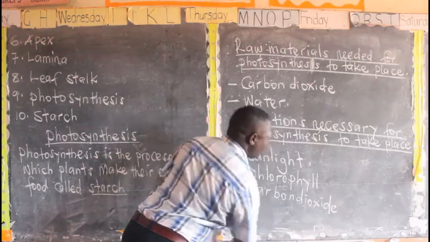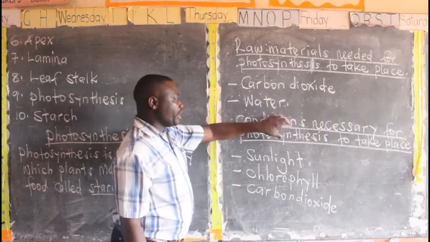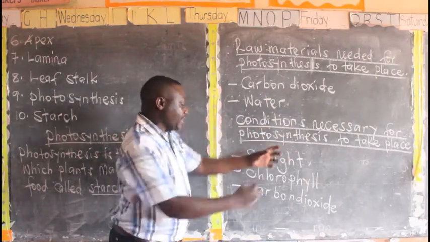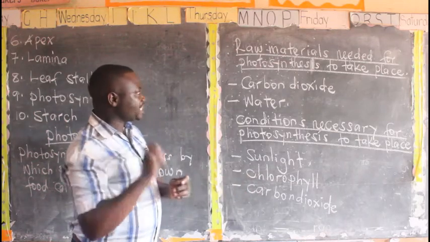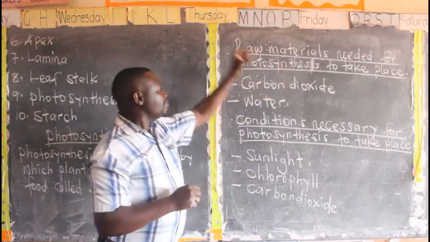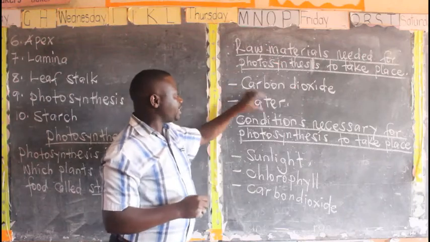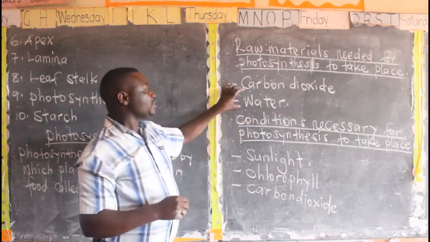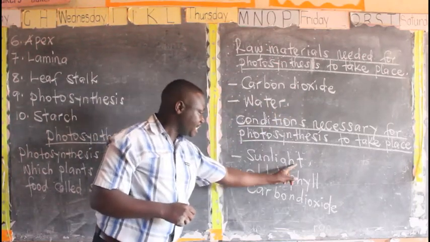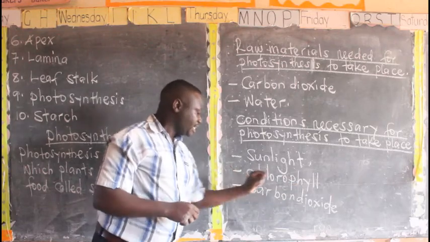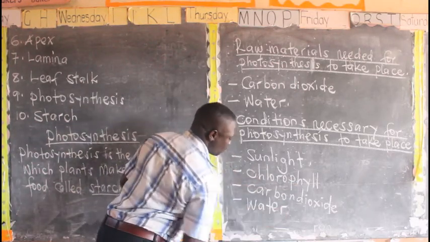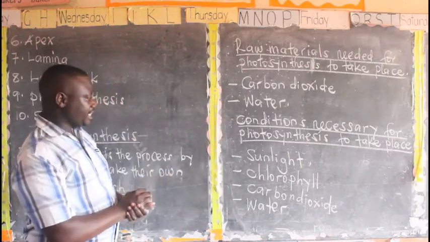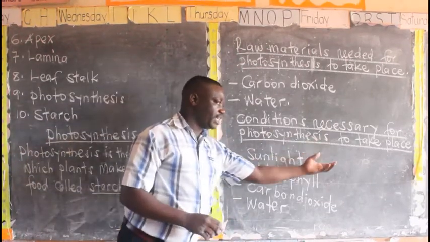However, it is a raw material here, so now we are just collectively writing all of them, conditions necessary. But in case they ask you raw materials, mention carbon dioxide and mention water. Don't bring sunlight, don't bring chlorophyll. Then you can again bring water. Okay? These are now conditions to take place.